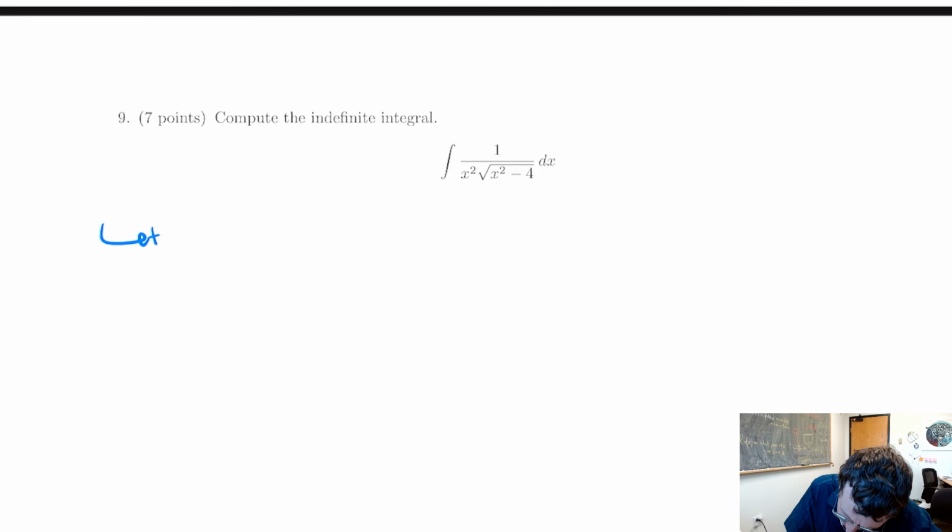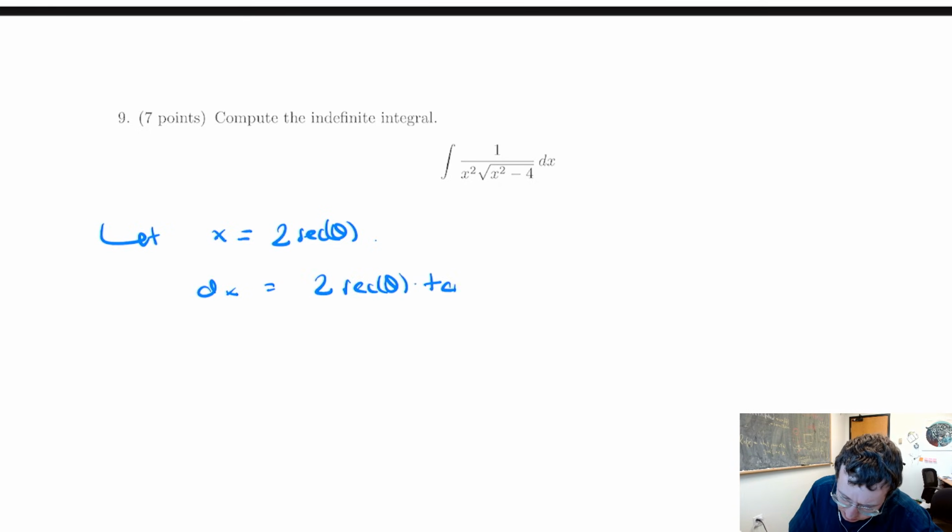Alright, so I'm going to let x equal 2 secant theta. 2 because 2 squared is 4. So dx is 2 secant theta times tangent theta, d theta.